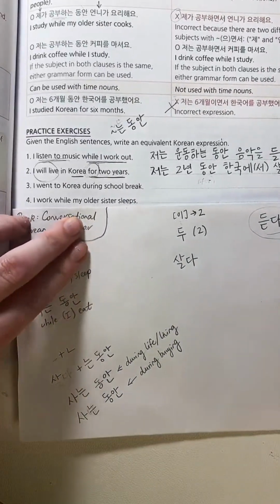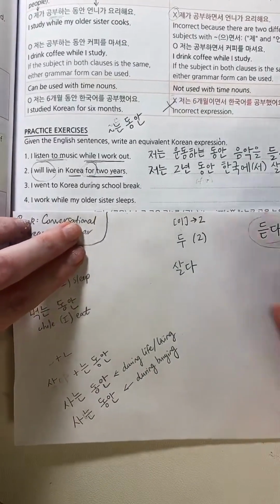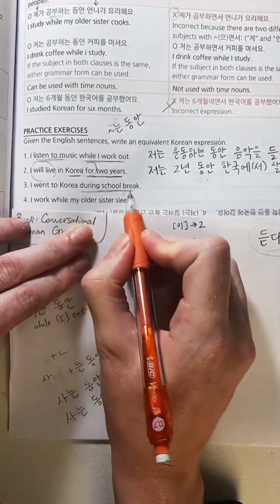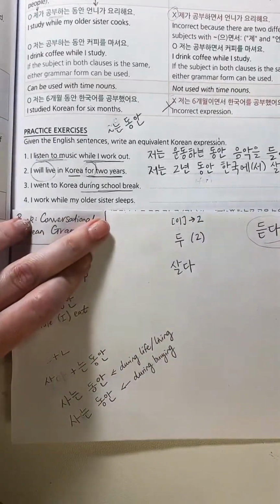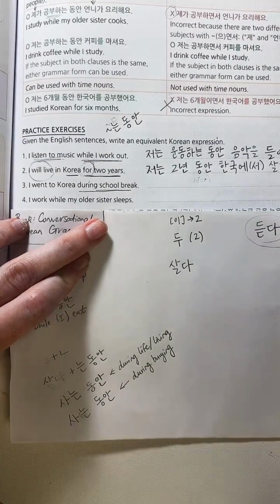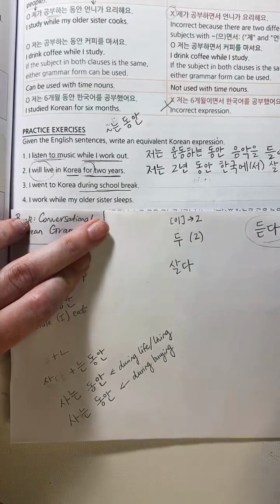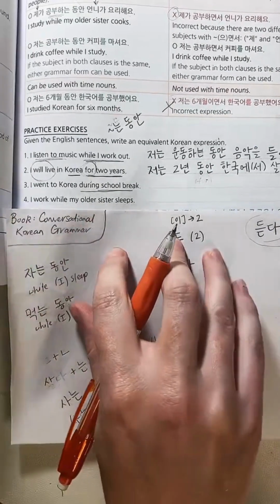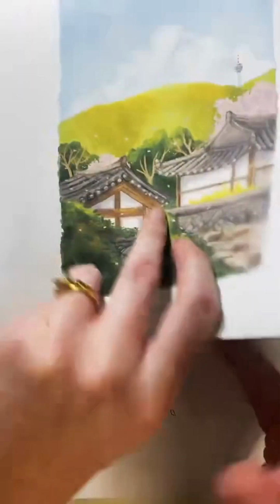I went to Korea during school break. Okay, so during school break. First up, what is school break in Korean? It's not a super common word. I'm not expecting a lot of people to know it, perhaps. But school break. Oh, beautiful. 방학.